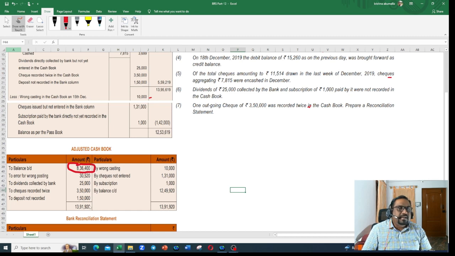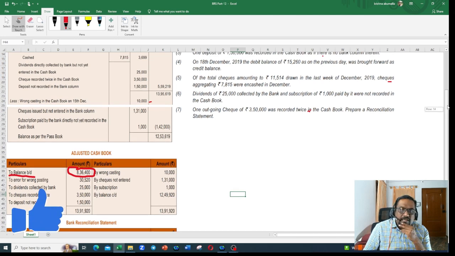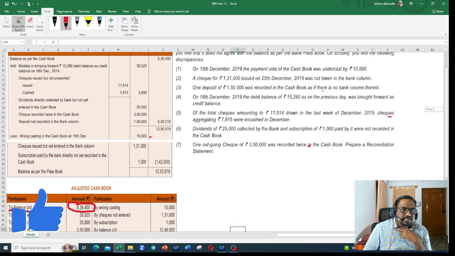Why is this debited? Because this is the favorable balance. Whenever there is a balance in the cash book, that is an asset for us. It is a current asset. All assets are debit balances. So in the adjusted cash book, when we start preparing, the balance brought down, we need to put 8,36,400 as the balance. Once we put this, we need to see how we adjust the other transactions.